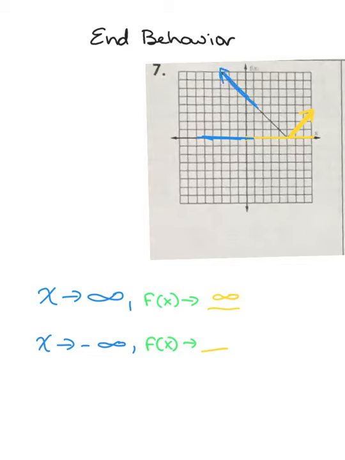It's going up, so f of x also approaches infinity. So in this case, this would read, as x approaches infinity, f of x approaches infinity. As x approaches negative infinity, f of x approaches infinity. Meaning on both sides of my graph, I'm going up on both ends.